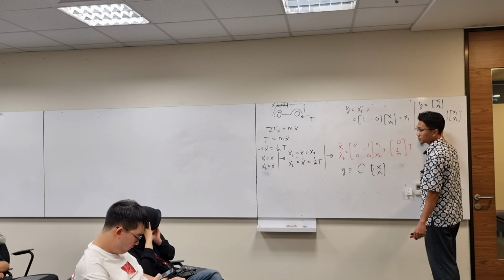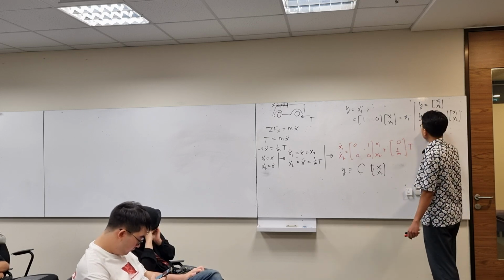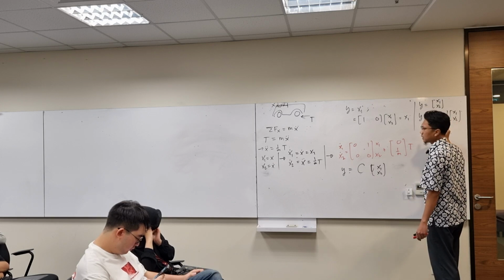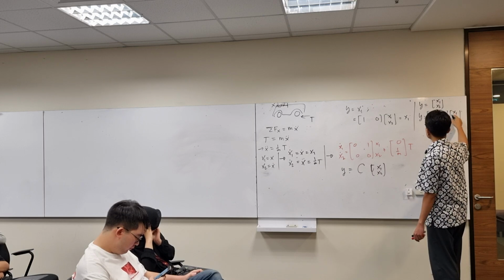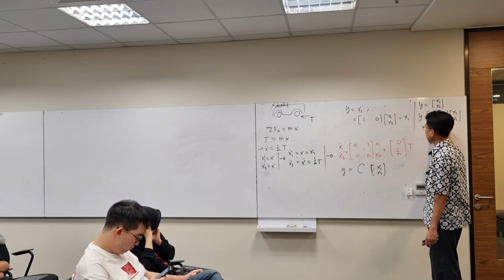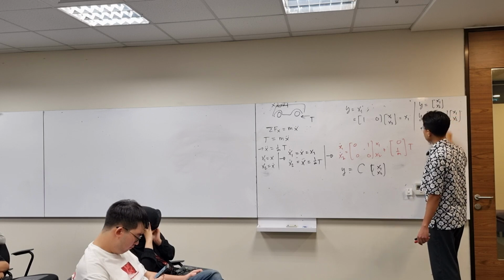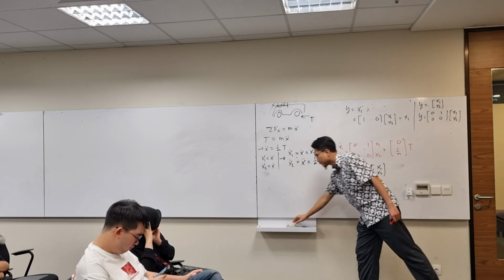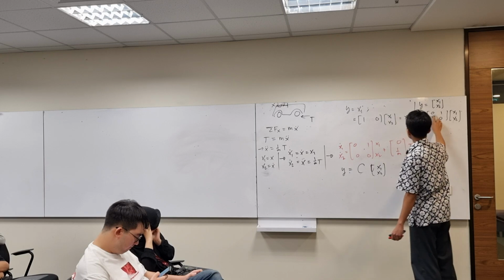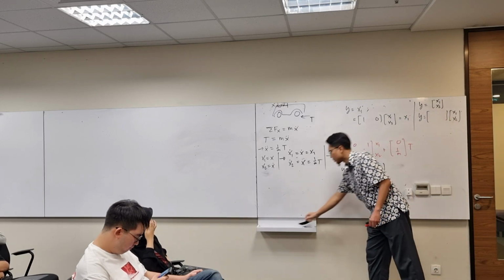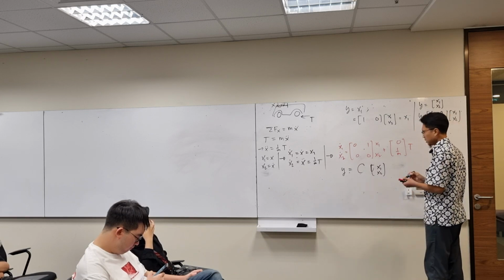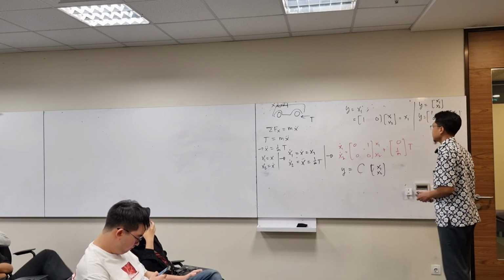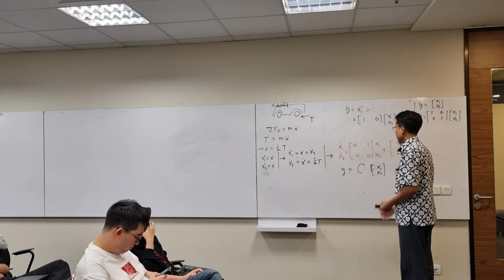Is it 0, 1, 0, 0? Like this? 0 times x1, 1 times x2, I get x2. No. It should be 1, 0, 0, 1. It's identity. Yes, it has to be identity.